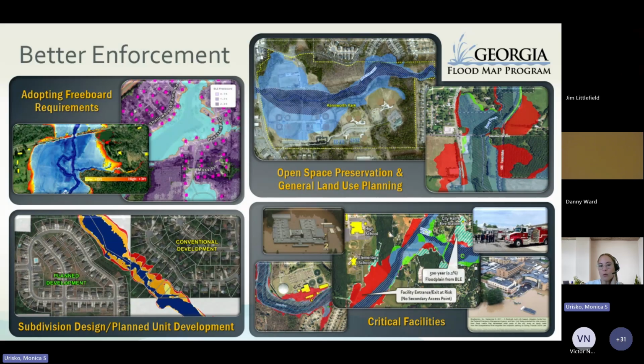You can identify those areas where maybe the FIRM map doesn't show them, but with the BLE, you can see that there's going to be a pretty wide floodplain there. So you can prioritize those areas for open space or land acquisition. And last but not least, the critical facilities. You can identify those buildings or even the access to those critical facilities, and be able to plan around it.